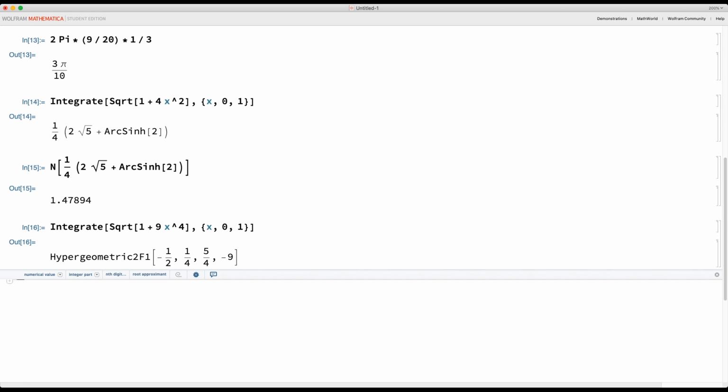You guys remember when we did the integral of e to the minus x squared? That was probably our first example of a special function. It's not the only one. There are infinitely many out there, but we ran into one here. It kind of sucks.